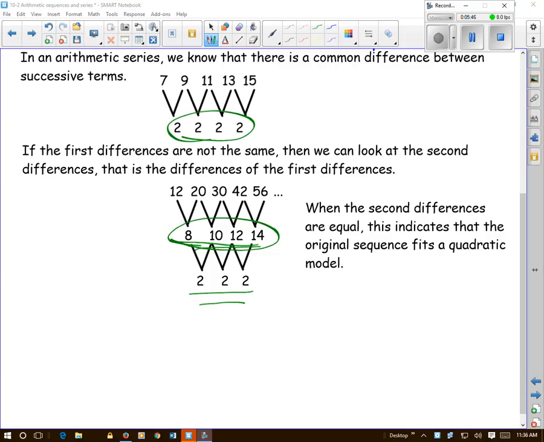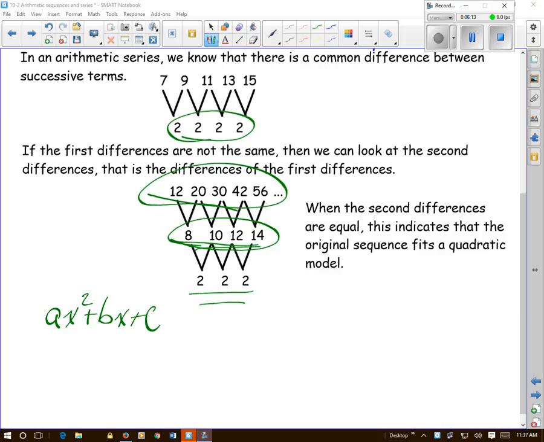Here, the fact that the second differences are constant means that this original sequence can be modeled by a quadratic. So it fits the form ax squared plus bx plus c.